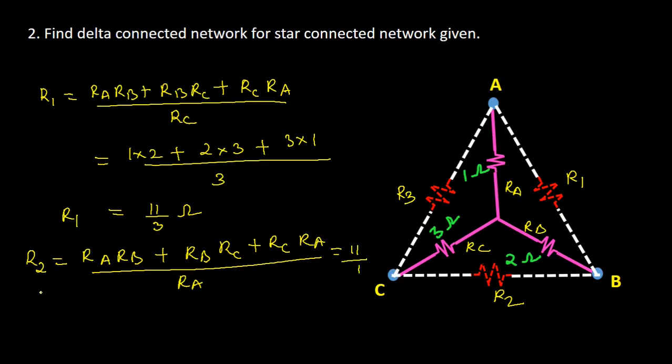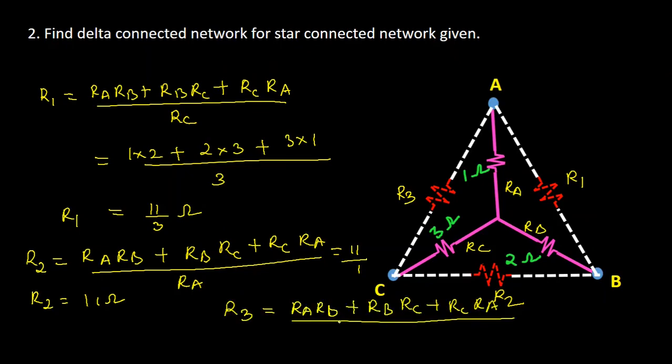So R2 is equal to 11 ohm. Okay. Now R3. R3 is equal to RA RB plus RB RC plus RC RA, whole divided by the front resistance to R3, which is RB. So again the numerator will be the same, that is 11, and RB here is 2 ohm. So we get 11 by 2 ohm.